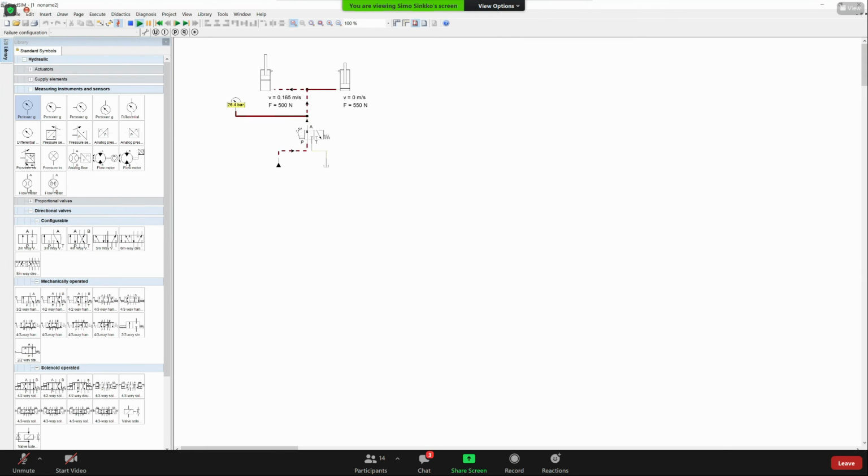Still, this would be the case. So that's why you need to have some hydraulic solution for this. You need to find out what kind of hydraulic components you have to use so that you can prevent this happening.